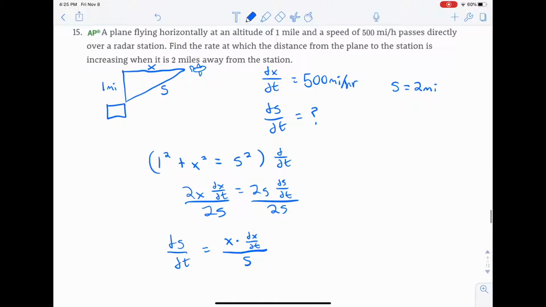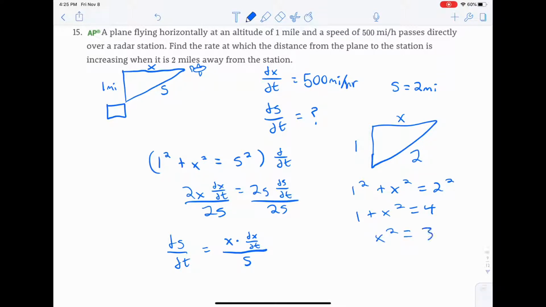Now to plug in the values, we have everything but the x. So we have our triangle here, and we know that this is 1, this side is 2. So to find x, use the Pythagorean theorem. And 1 plus x squared equals 4, x squared equals 3.